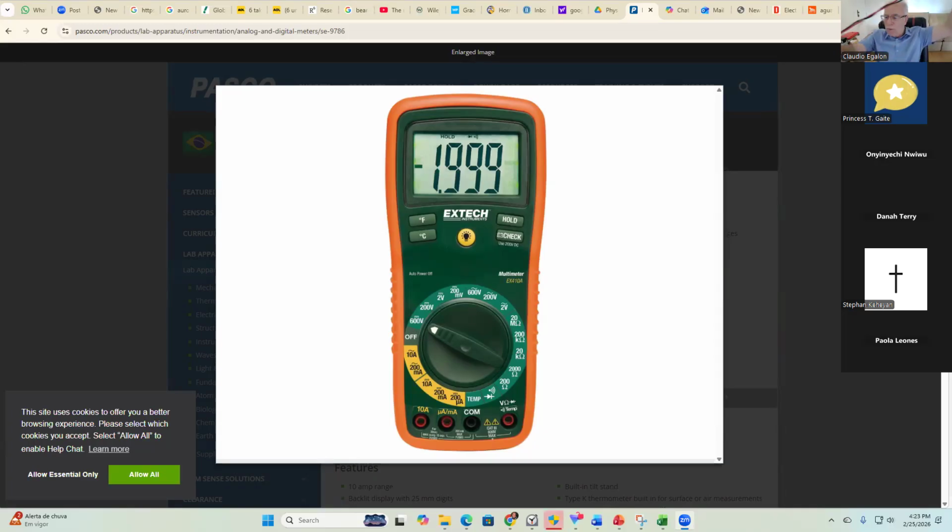With those two probes, we measure the potential difference, the voltage. And don't forget, I have to adjust my multimeter to measure DC voltage. And let's go back here.